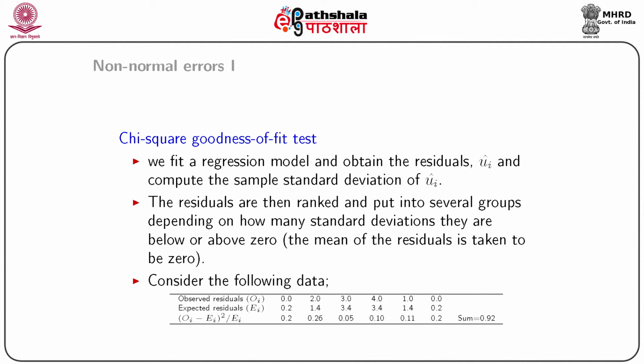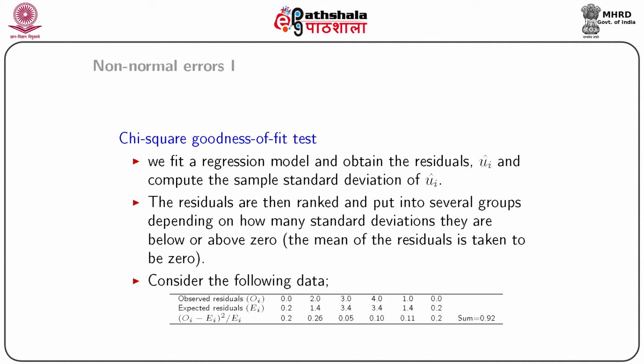The residuals are then ranked and put into several groups, depending on how many standard deviations they are below or above 0. The mean is assumed to be 0 for the residuals, and thus we count the number of standard deviations each of these residuals is below or above 0.